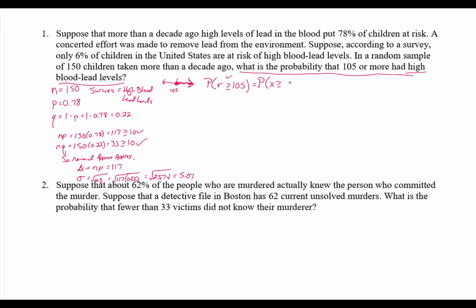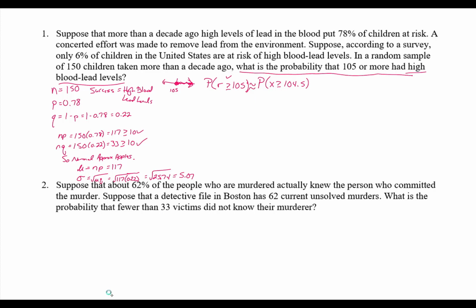Because 105 is a left-hand endpoint, we subtract 0.5 from that 105 when we convert to normal. So this is going to be 104.5. The probability that R is greater than or equal to 105 is approximately the probability that x is greater than or equal to 104.5.